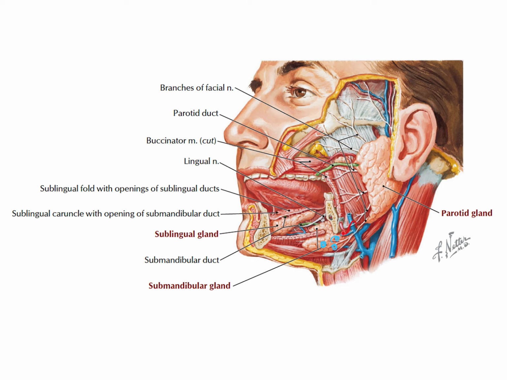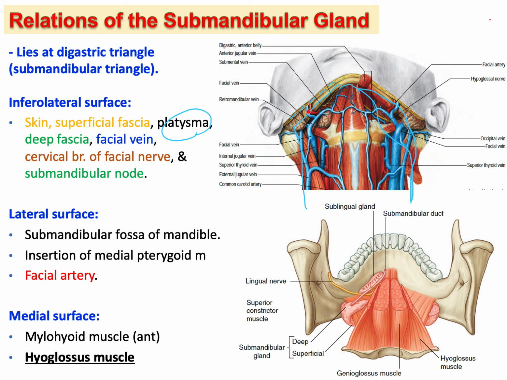Look at it, it becomes like that and becomes lateral to it. I know I'm talking about the inferolateral surface. These structures: the skin, superficial fascia, and the platysma muscle embedded in it, and the facial vein, guys, here, and the cervical branch of the facial nerve and lymph nodes.